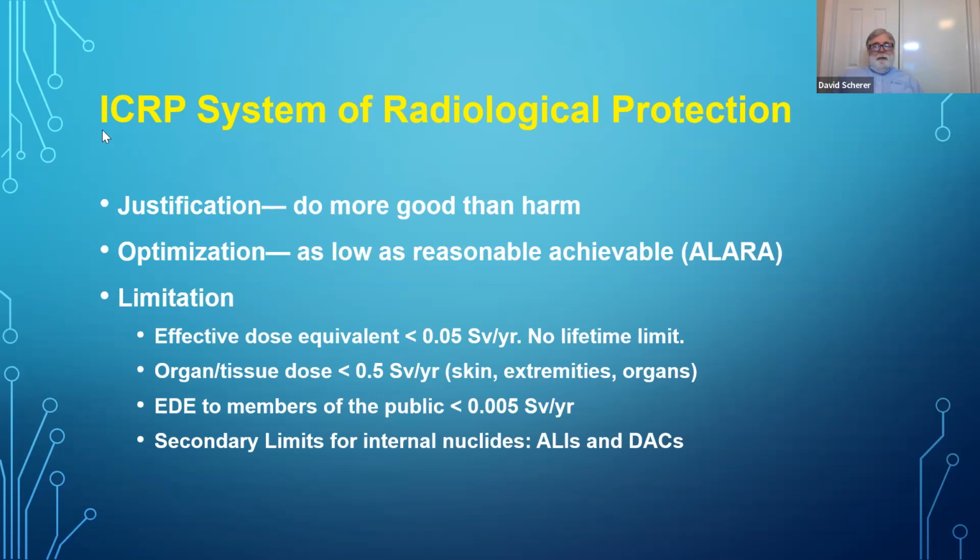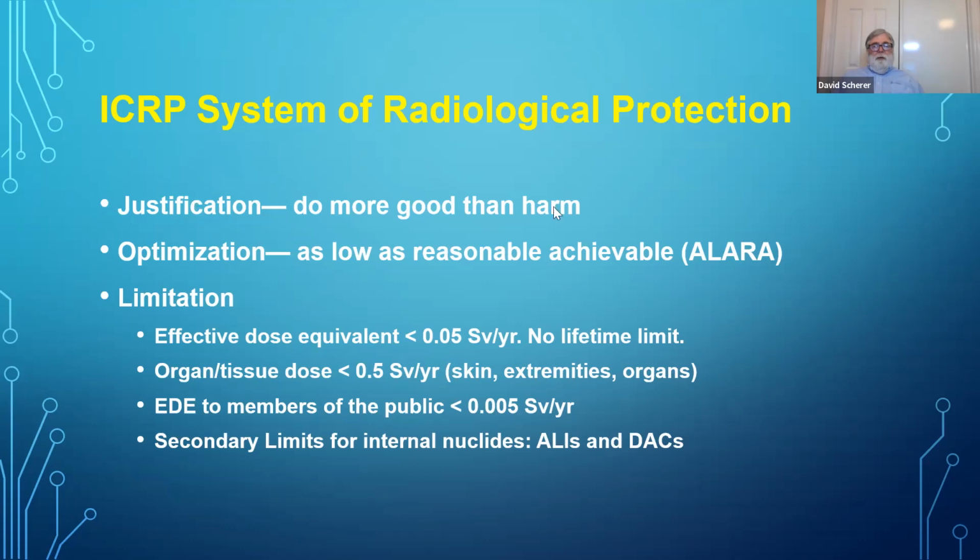There should be a net benefit from it. Optimization means that even if we establish standards, we should maintain the doses as low as they can be, what we now call as low as reasonably achievable, with social and economic factors taken into consideration. And limitation means that there should be some dose level beyond which people are not exposed.